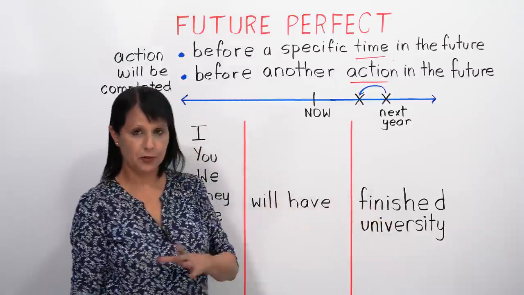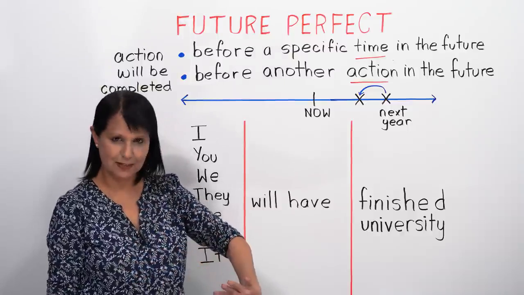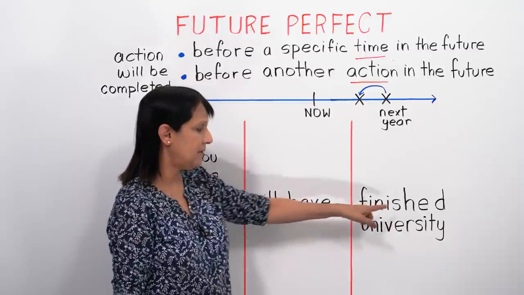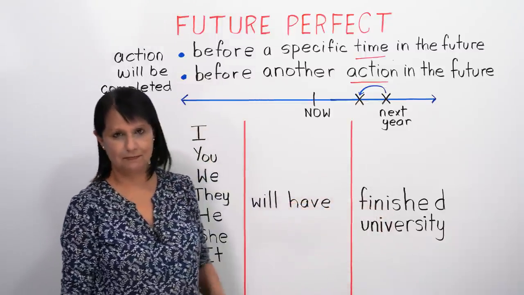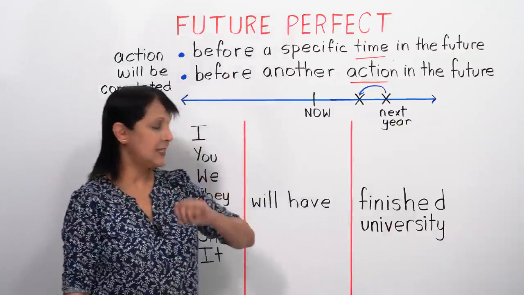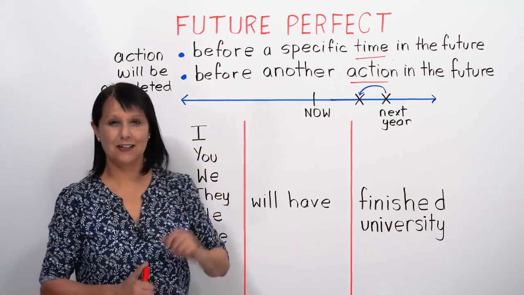You can use the past participle or the past participle of an irregular verb. Doesn't matter. Again, I'll explain that. So you could say, I will have finished university. I will have completed my courses. I will have attended my classes, and so on. Okay? That's the basic overview.